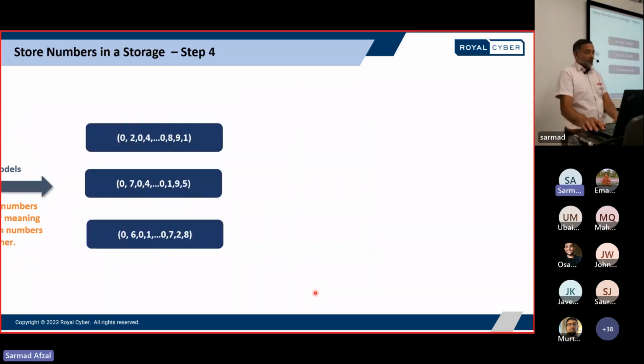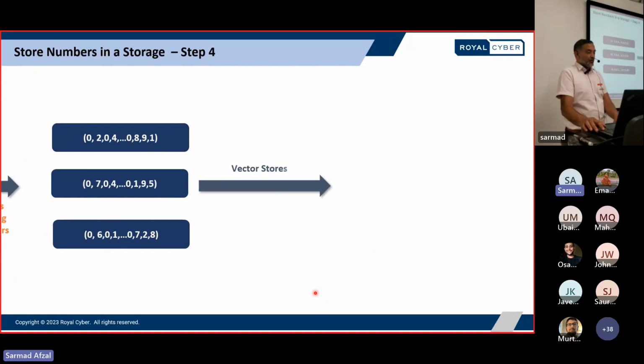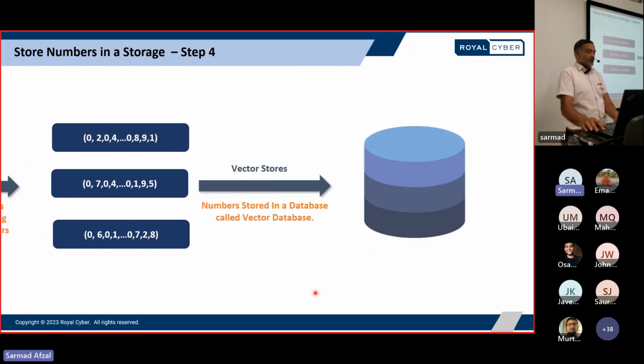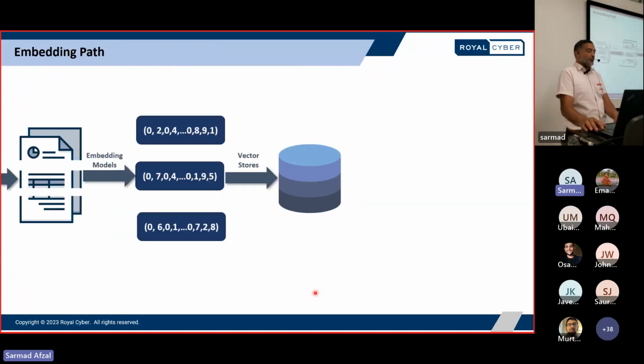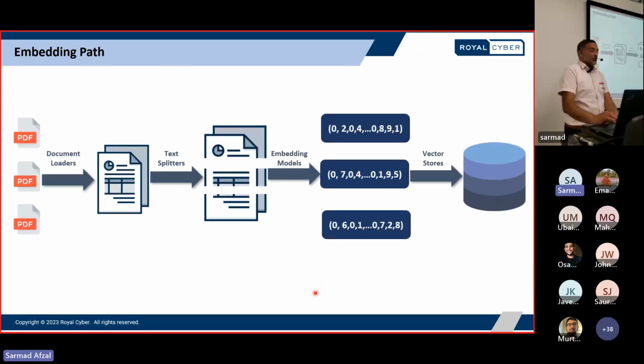Then once you convert it to numbers, you save it in the vector DB. So this is how the whole process looks: you take the document, split it, convert it using embedding models, and then store it in the vector DB.